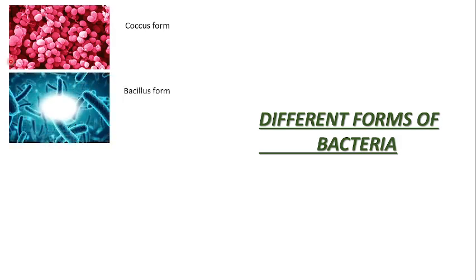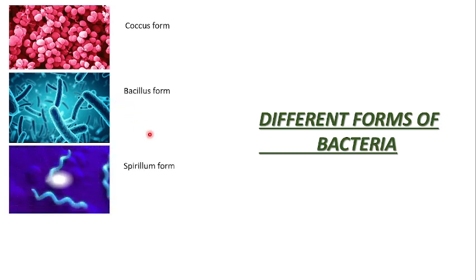The next one is bacillus form. Basically, they're rod-shaped, and they can occur singly or in groups of 2 or 3, where they join end to end and form a chain. So one end joins the other end and forms a chain.